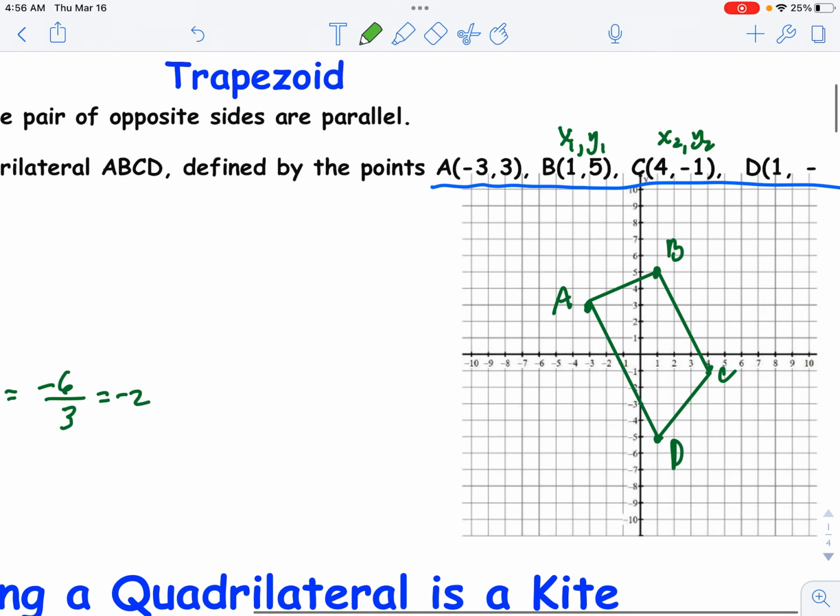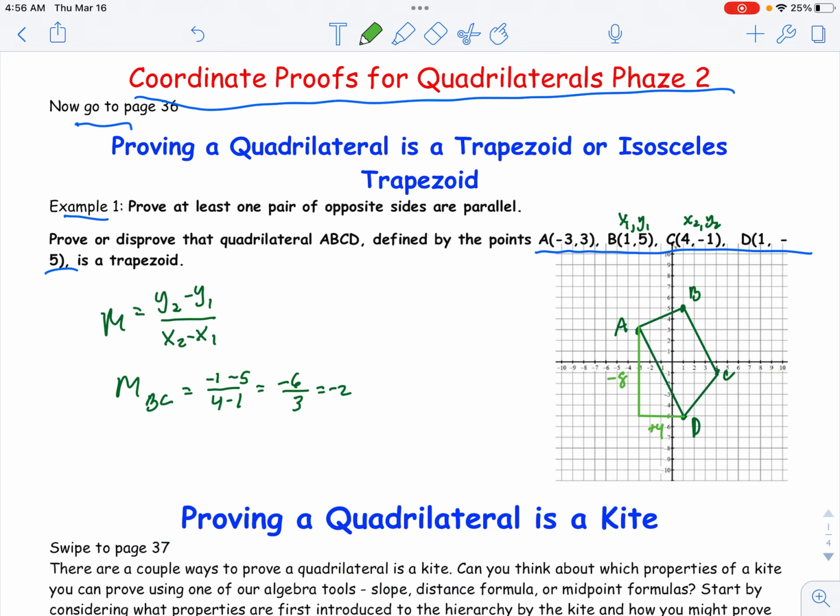For fun, we're going to count the slope of AD. I always like to count the total slope. Go down 8 over 4.